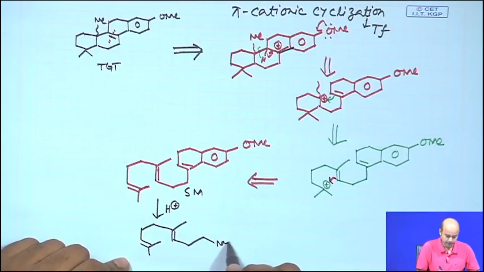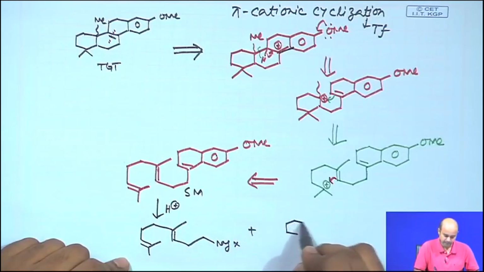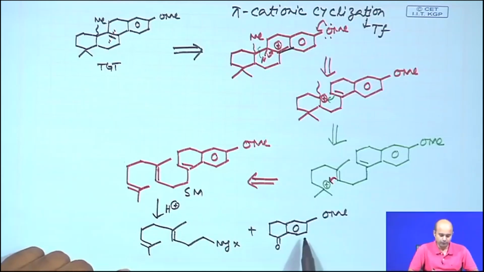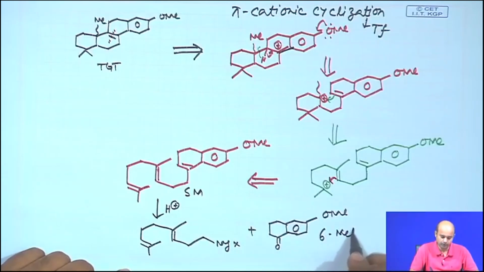We put a MgX kind of thing and then, if you have this particular carbonyl compound, which is basically 1, 2, 3, 4, 5, 6, 6-methoxy-1-tetralone, 6-methoxy-1-tetralone.